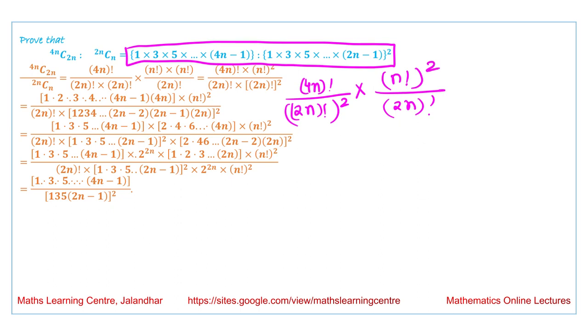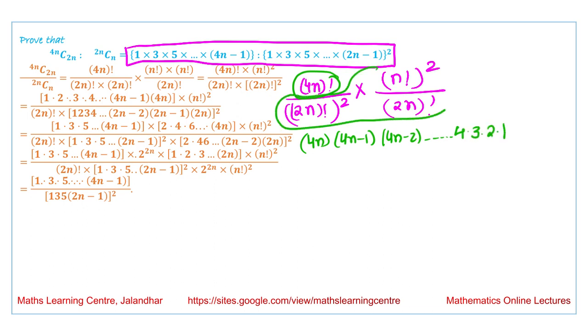Now if we look at this term (4n)!, we are having the value 4n into (4n − 1) into (4n − 2), so on up to 4 into 3 into 2 into 1.